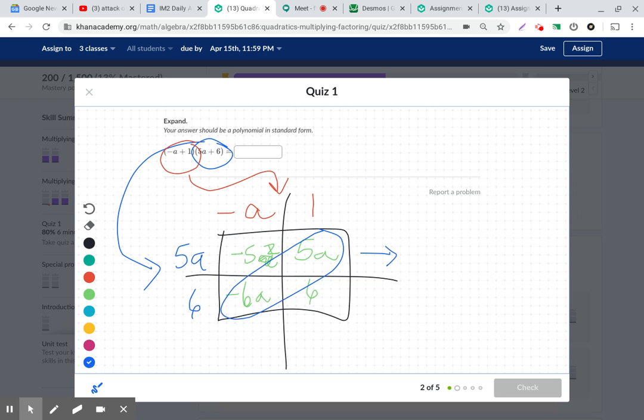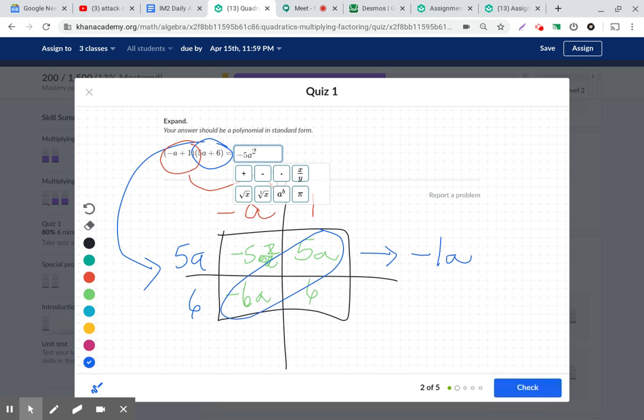That's going to equal negative 1a. Negative 5a squared minus 1a plus 6.